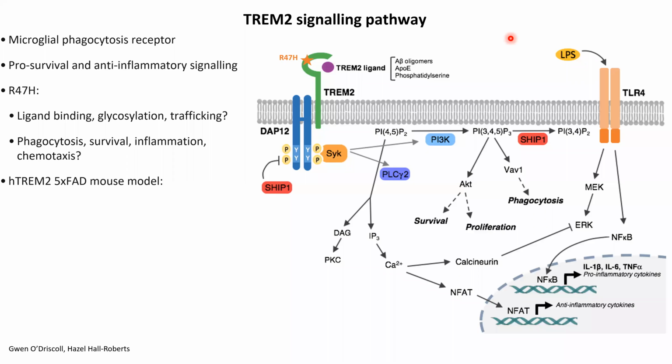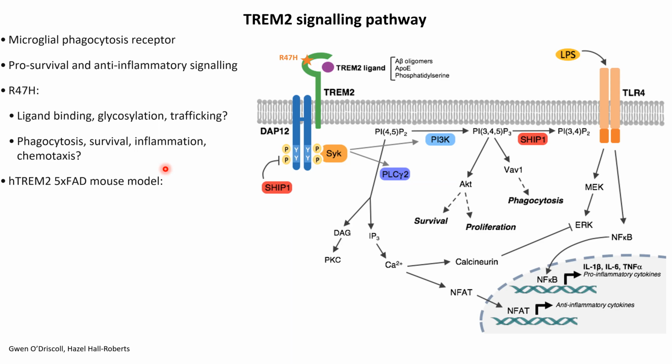So in mouse, it's effectively a null mutation. And so we have to revisit a lot of the mouse data and flesh it out with human data, hence the relevance of using human iPS cell microglia to model this.